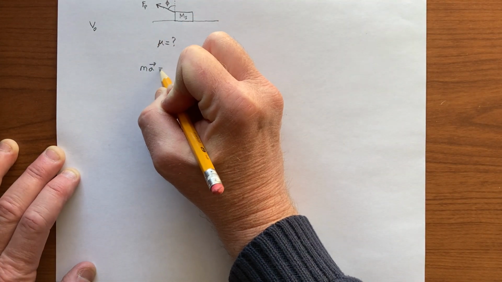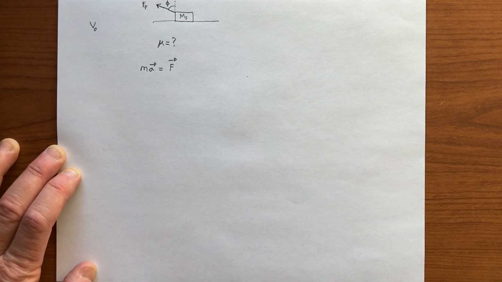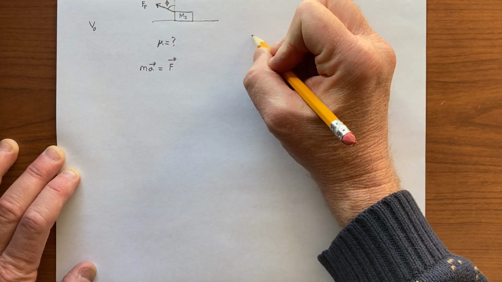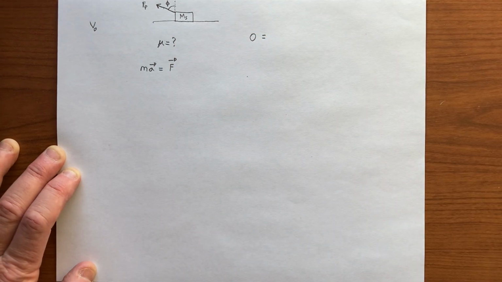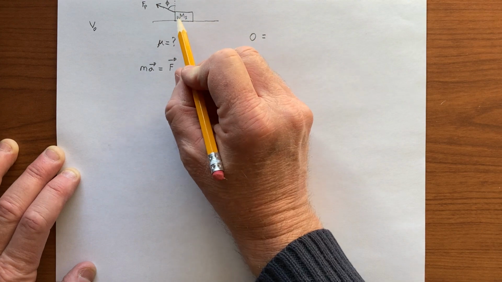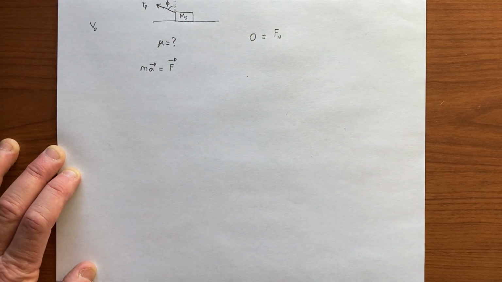It's an application of MA equals the sum of the forces, and we need to figure out the forces in the vertical and horizontal directions. So in the vertical direction, we know that the acceleration is 0, so the left-hand side of that is 0. We have a normal force, which is upwards, Fn, that's unknown.